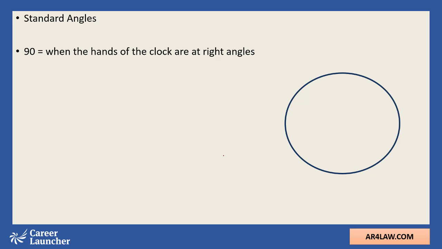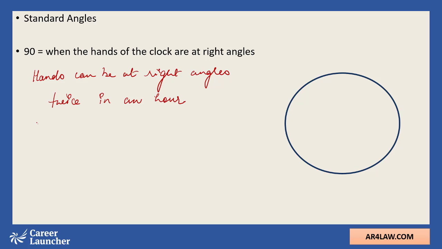So the hands of the clock can be at right angles twice in an hour. So in 12 hours, the answer should have been 24, but that is not the case here. The answer here is 22, because there are two exception hours.